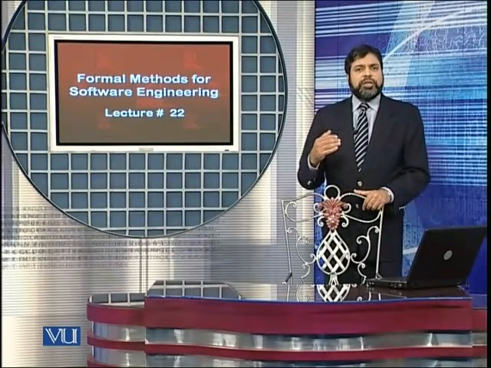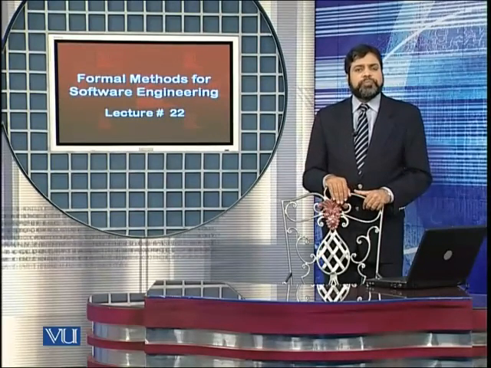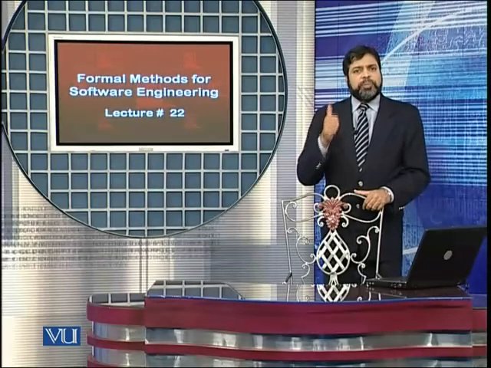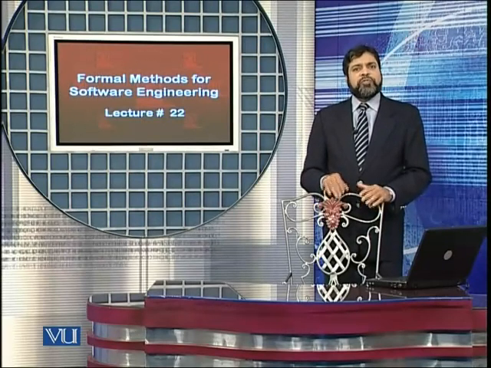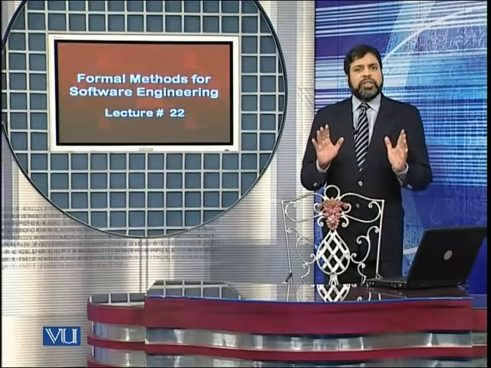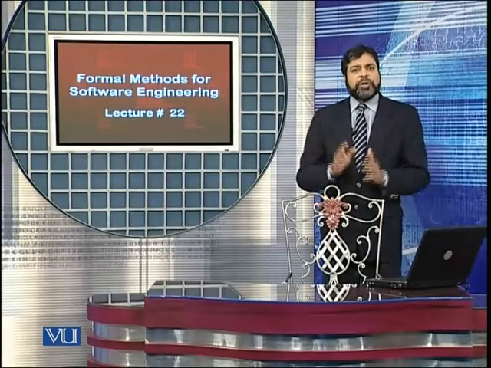Then finally, we write axioms. In order to write axioms, the basic rule of thumb is that we first of all analyze the methods or the functions supported by the type. And we can categorize these methods into 2 types. One is called constructors. The other one is called inspectors.